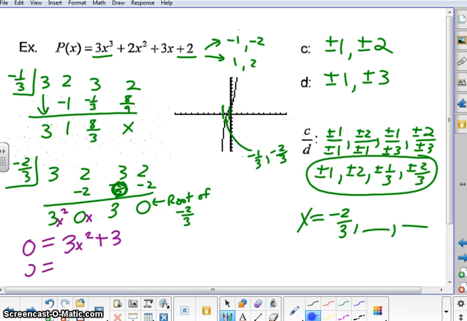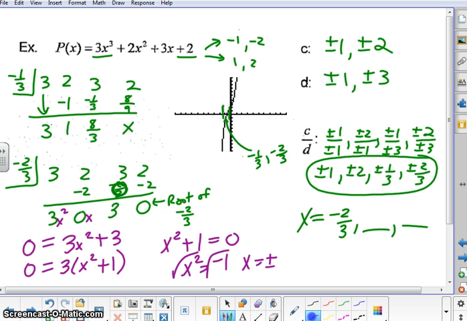If you take out a 3, you're left with x squared plus 1. Then using the zero product property, x squared plus 1 equals 0, x squared equals -1, and then you take the square root of both sides to get x equals plus or minus i. Okay, so we can fill those in on the list.